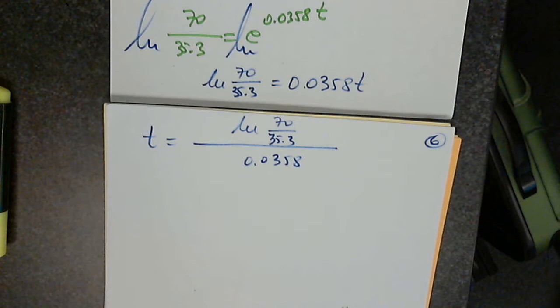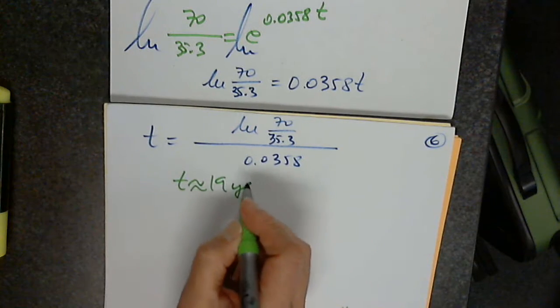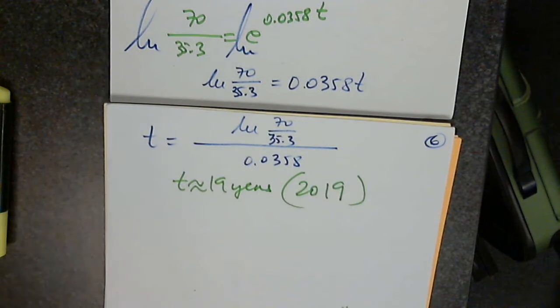And I get 19. What does 19 mean? So that would be year 2019. Very good. Any questions on this problem?